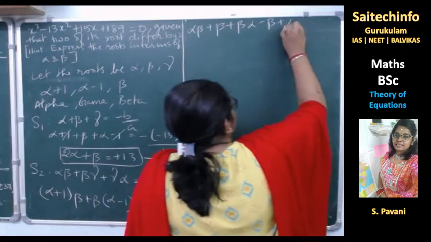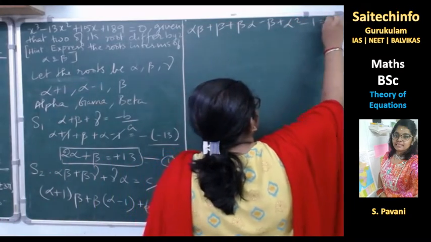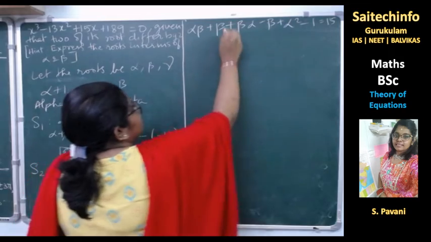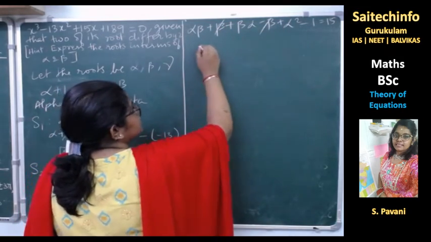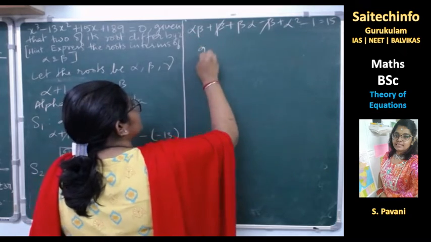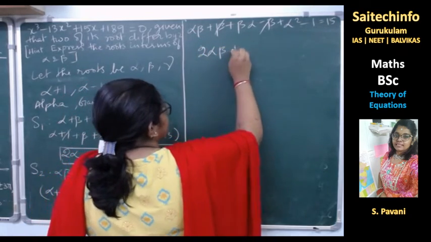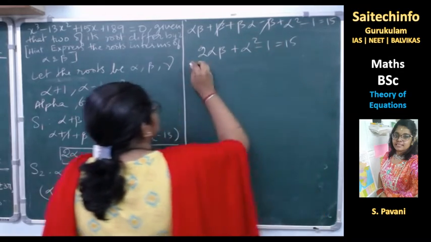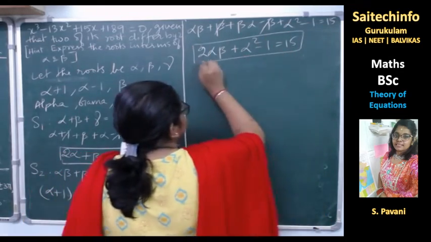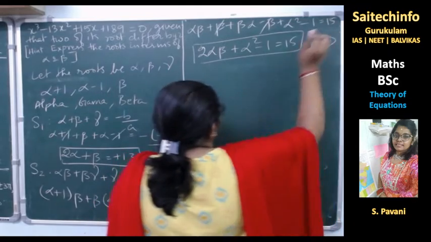So alpha square minus 1 is equal to 15. Here beta gets cancelled. Alpha beta plus beta alpha are the same terms. So 2 alpha beta plus alpha square minus 1 is equal to 15. This is the second equation we are getting.